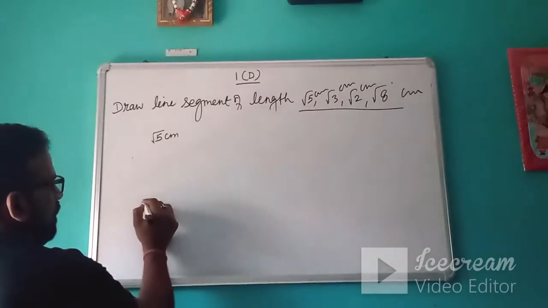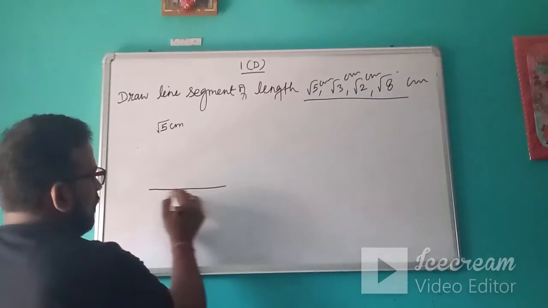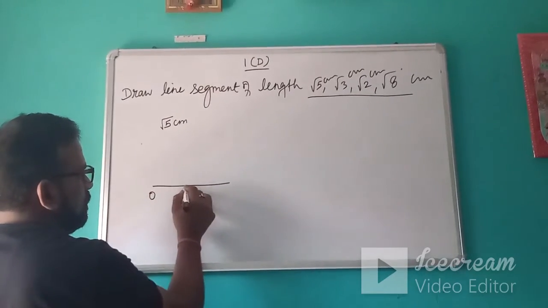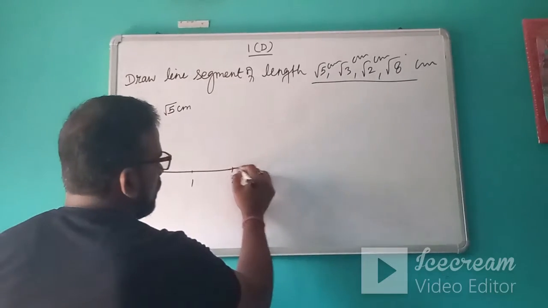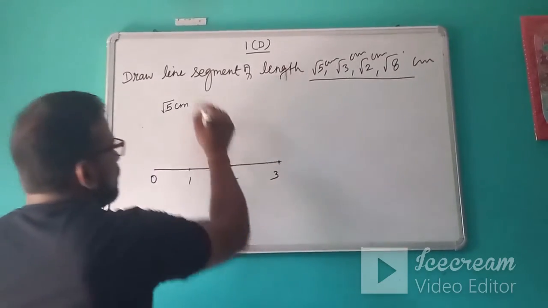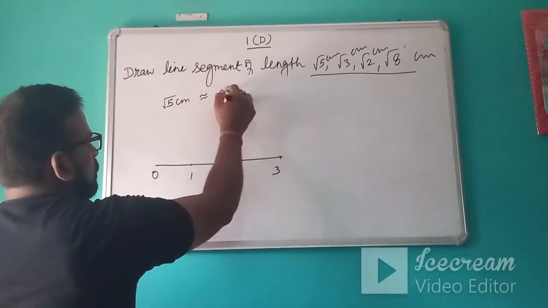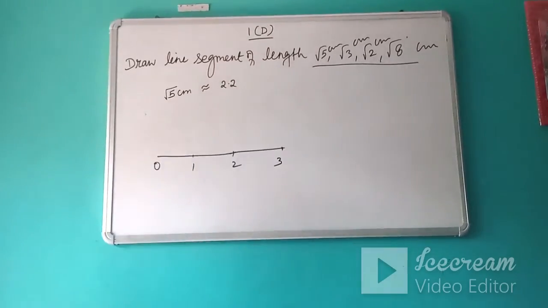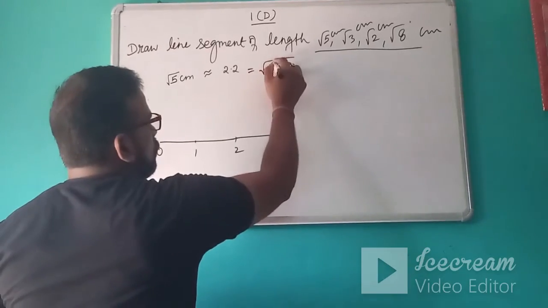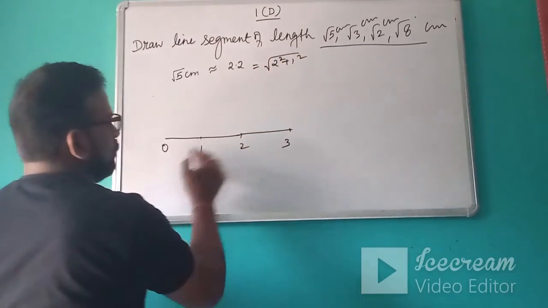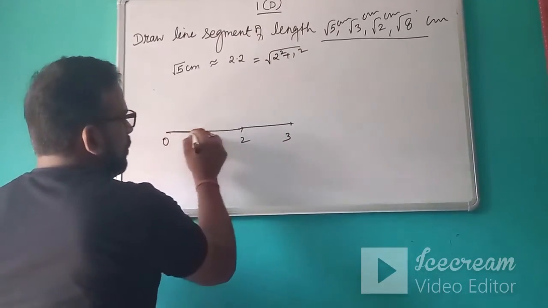In that case, what will I do? This is your 0, then this is 1 and this is 2. Then this is 3. And root 5 is approximately 2.2, that means it is more than 2. So what will I do? You can write root 5 as root of 2 square plus 1 square. So for that, this will be my first line.